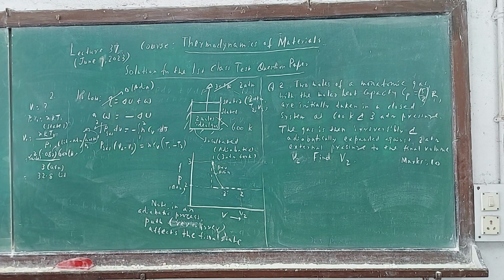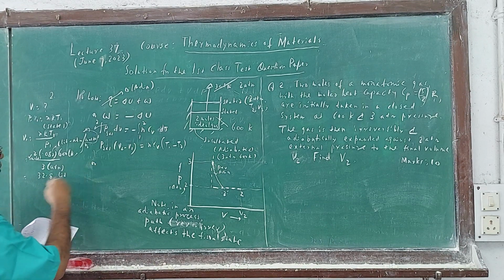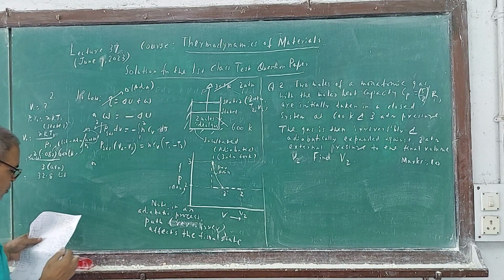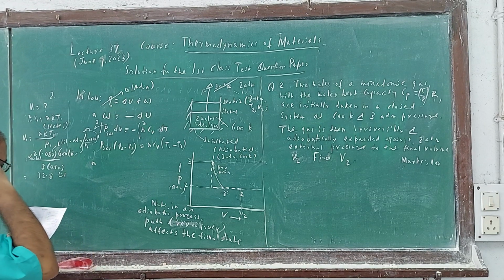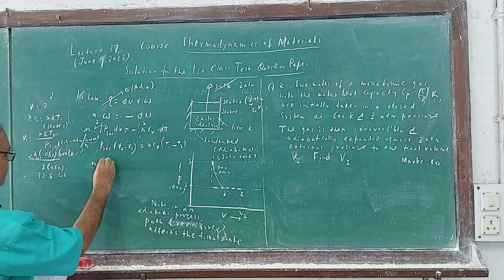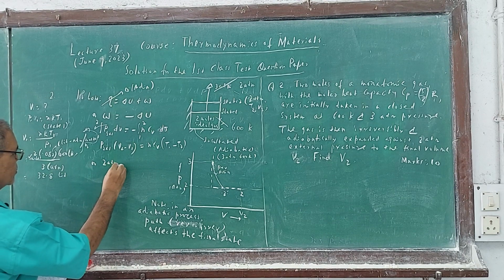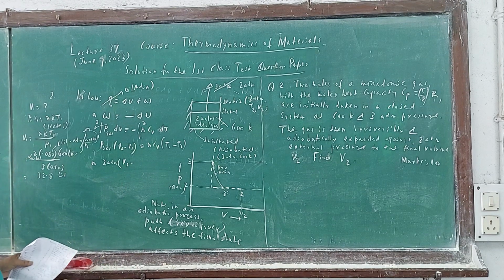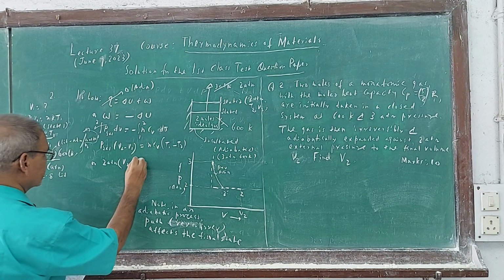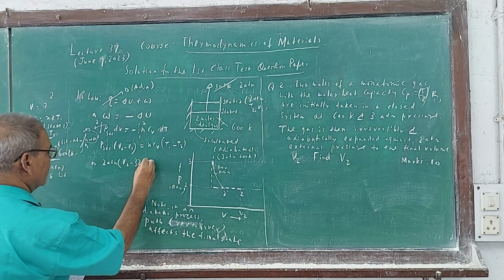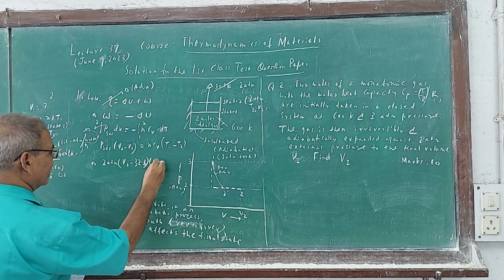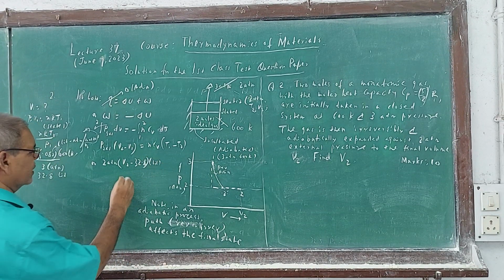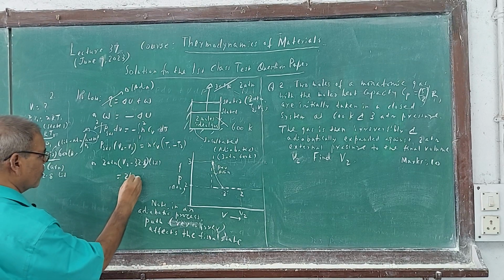Now substitute. P external is 2 atmosphere. V2 is the unknown, V1 is 32.8 liter, and n is 2 moles.